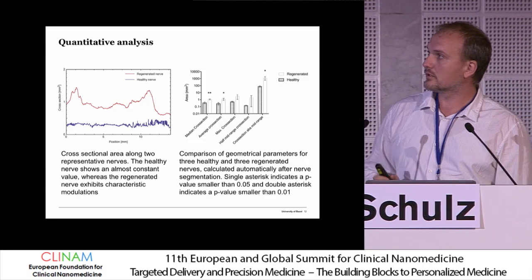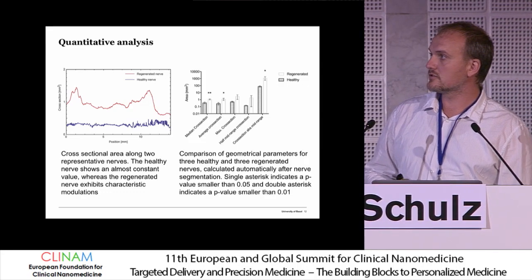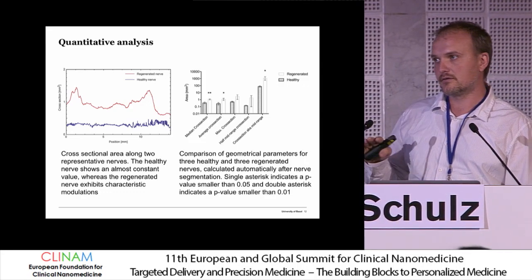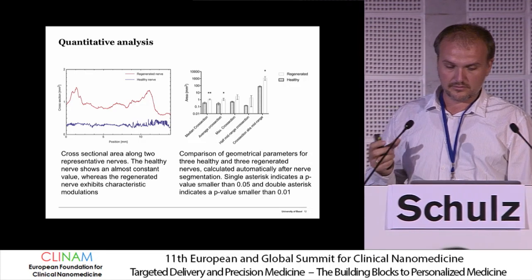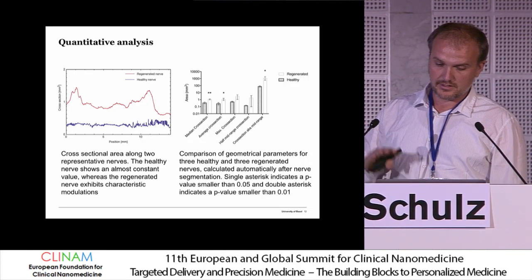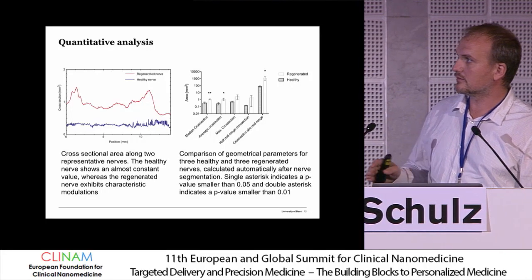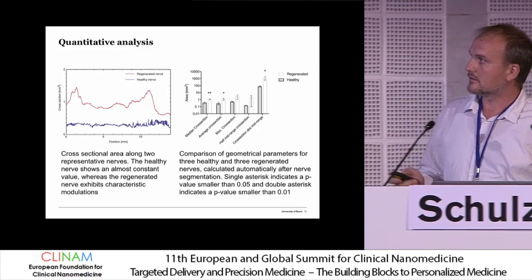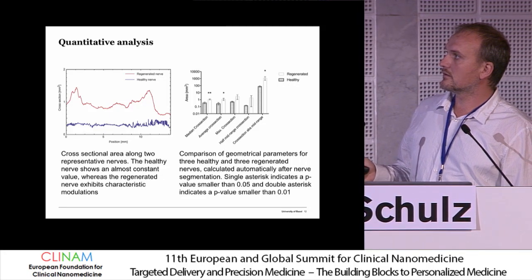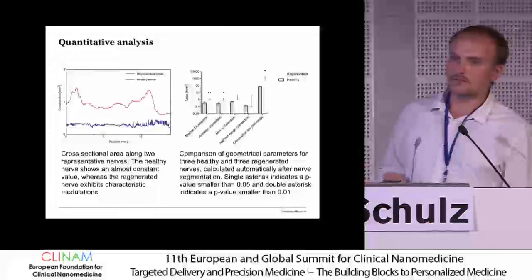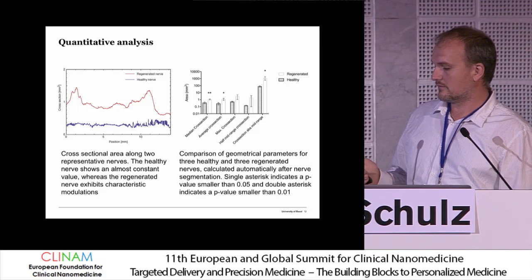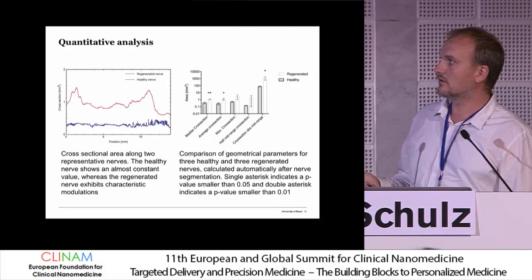Further on, one could calculate a cross-sectional area. So, in principle, the area of the nerve at each position. In this case, the blue one is again the healthy one, and there you see that the cross-sectional area is very constant over the long distance.